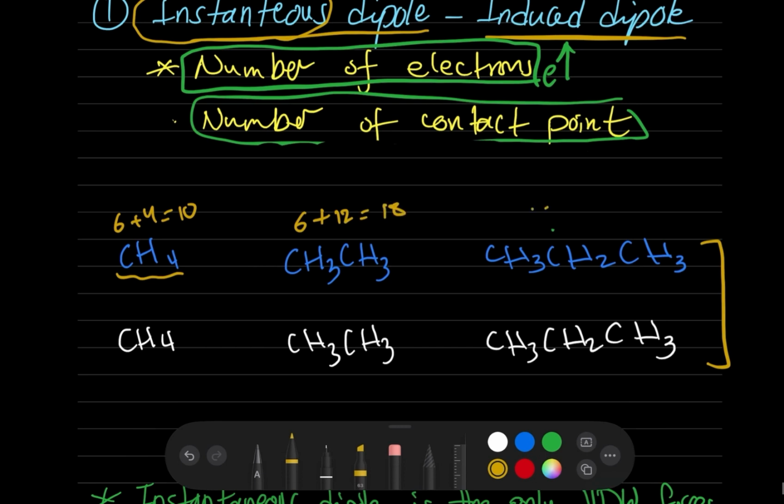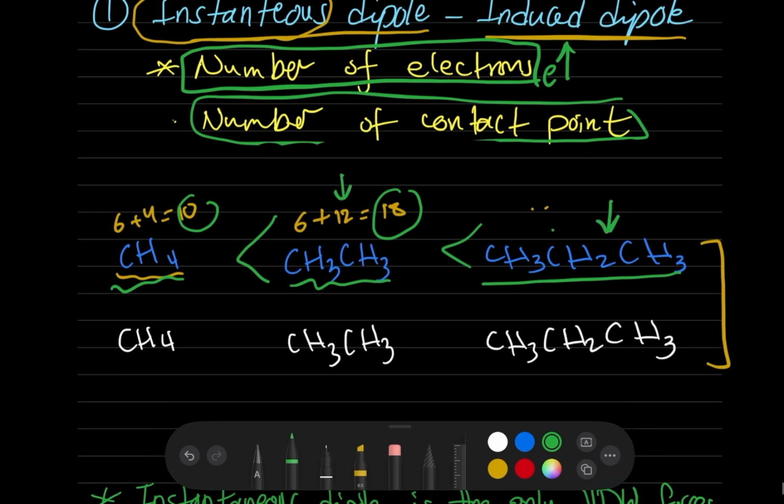It will be higher in electrons. So as we can see, we are expecting the interactions in this molecule to be greater than in this molecule. This one contains more electrons, and we're expecting to have greater instantaneous dipole-induced dipole interactions due to the greater number of electrons in here, and then here, and then here.